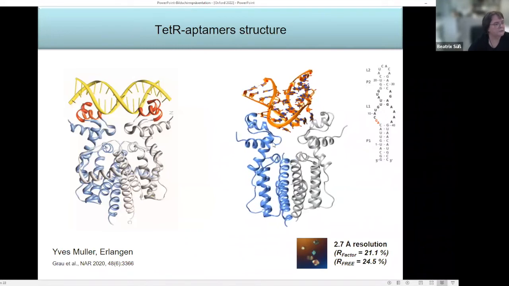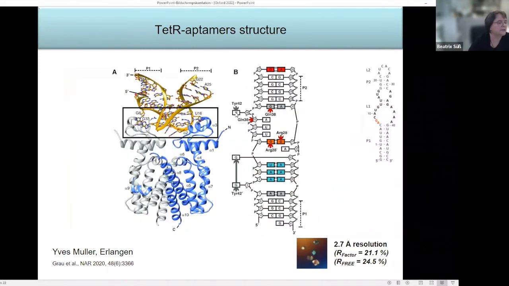And very important is that we really have the same amino acids, lysine 42 and glutamine 38, that make the specific contacts with the RNA aptamer, and these are exactly the same positions in the protein that also contact the DNA.